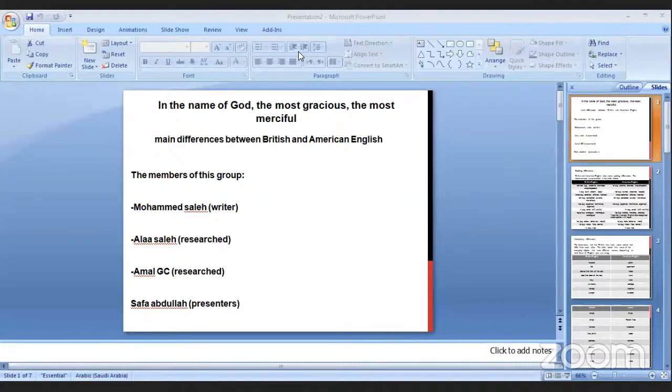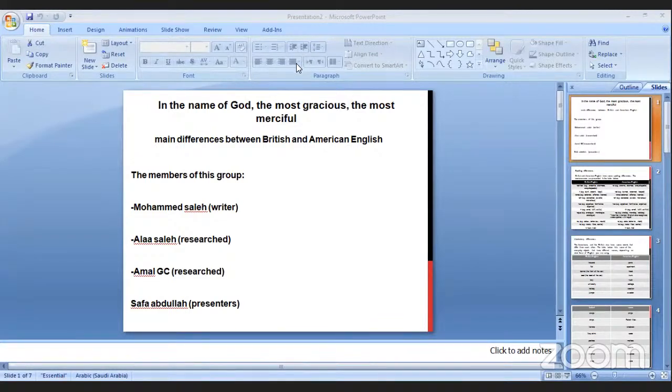We need someone to be presenter for this group. Guys? Amal, okay. Amal, what's your full name, please? My name is Amal GC. What does GC stand for? My father's name. All right, no problem.